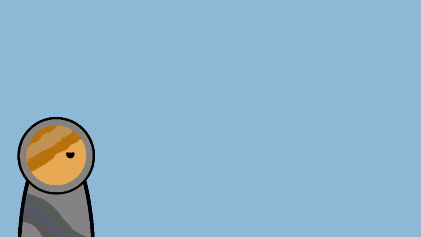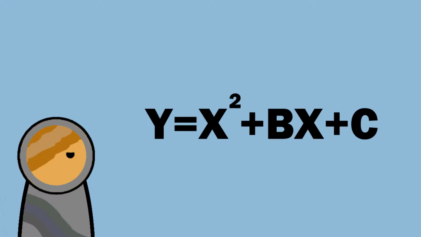With quadratic functions, it is just the parent function because, well, 1 times x is just x. You can't change that with a 1.